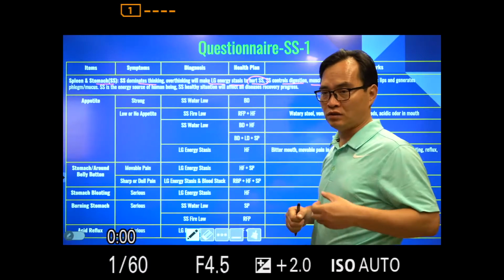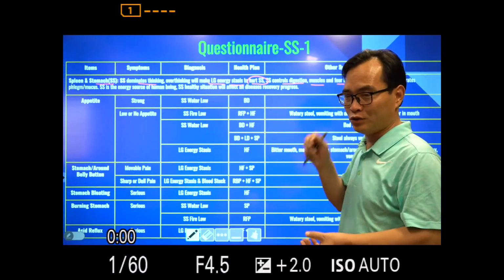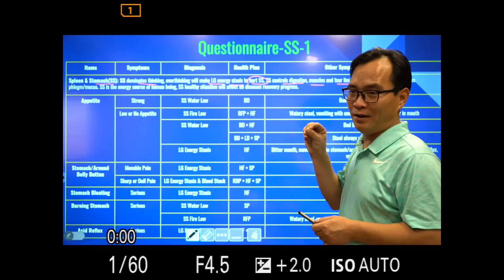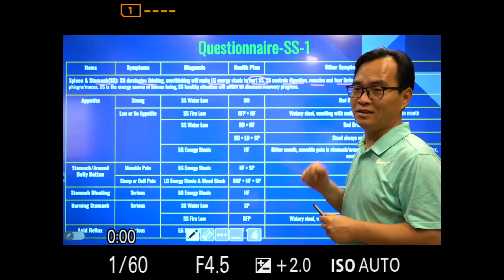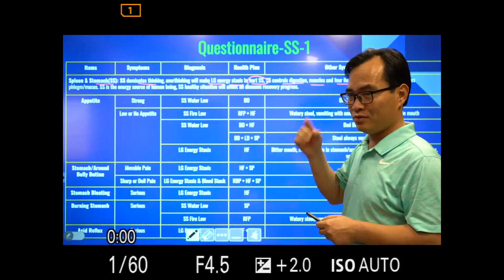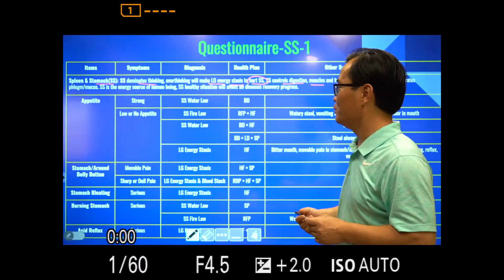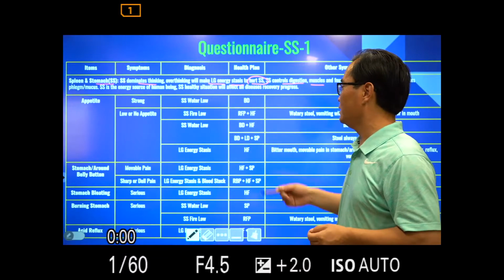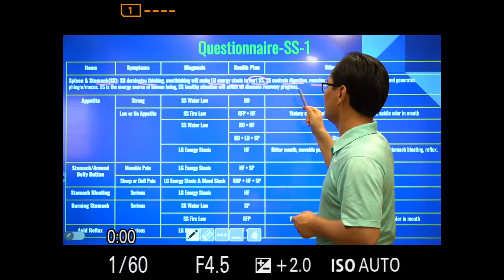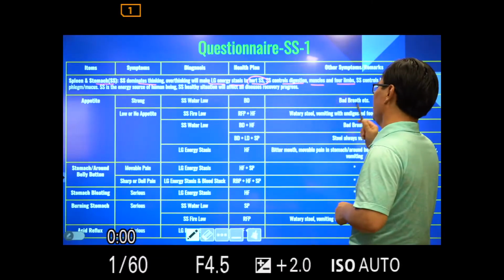And the spleen is for absorbing the nutrients into the blood. It's for up. So stomach for down, spleen for up, and that is how the SS controls digestion.